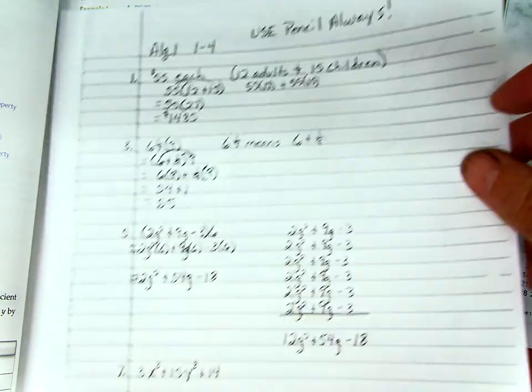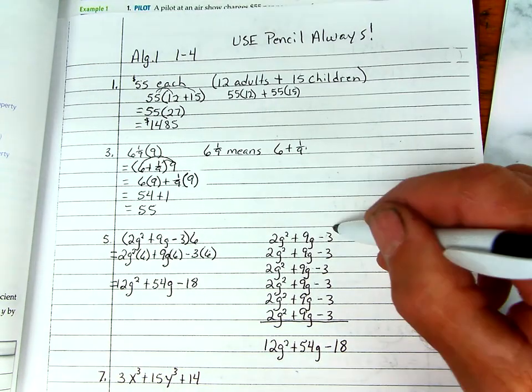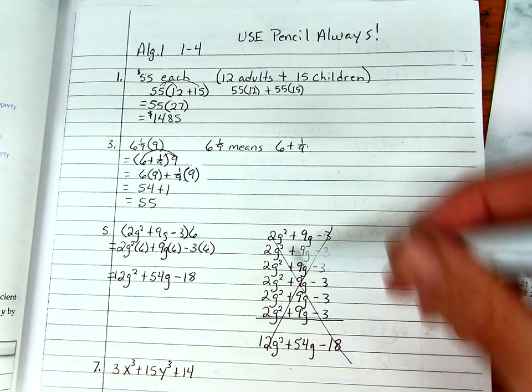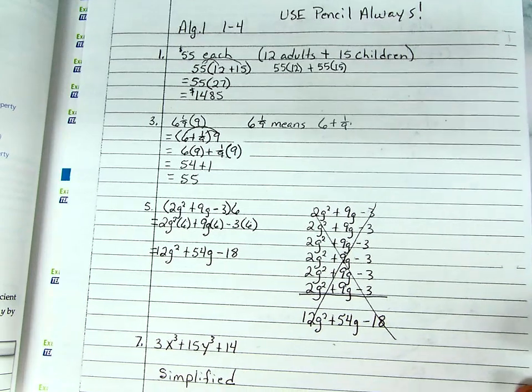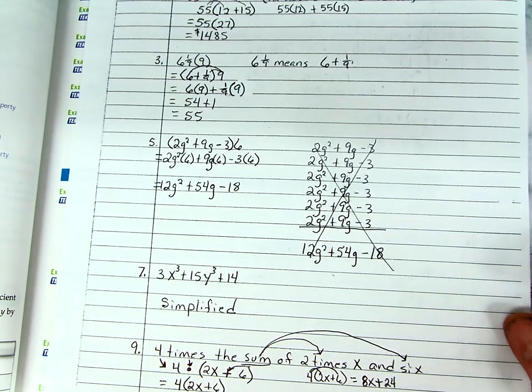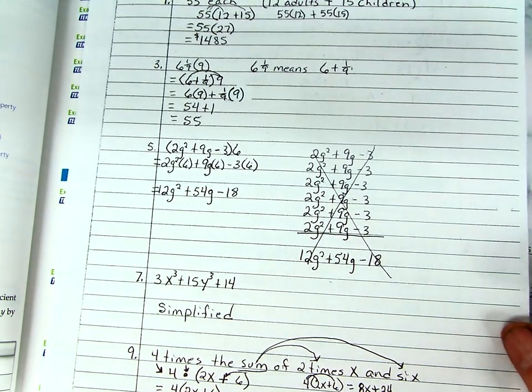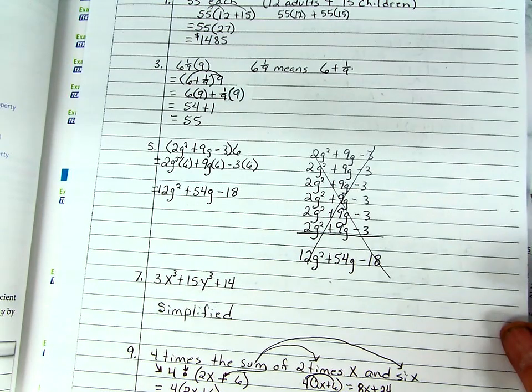So this is the way that your work should look. You won't have this. This was just an example of showing you what that actually meant. Other than that, this is the way that your work should look. Nice and neat. Each step done.